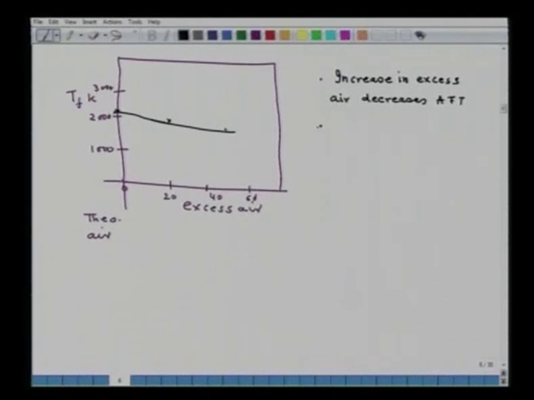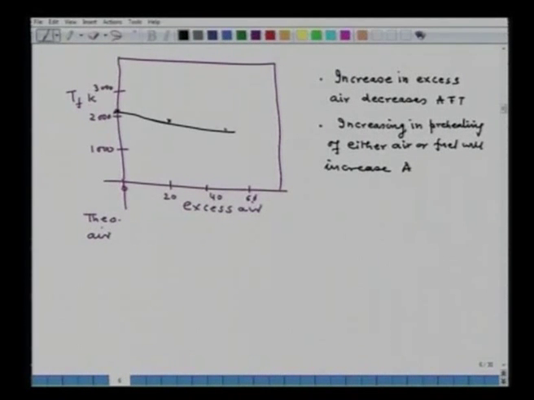The exercise which you can also do is that an increase in preheating of either air or fuel will increase AFT.